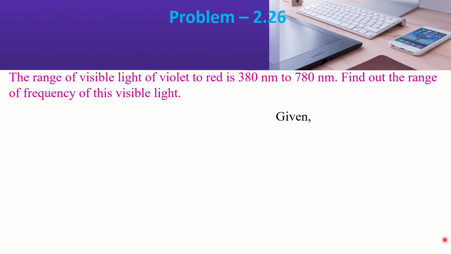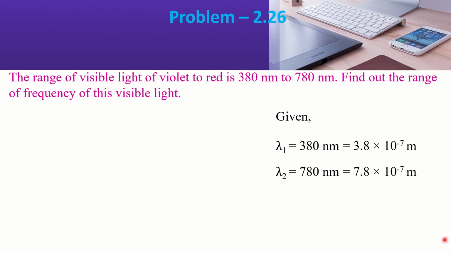So here given lambda 1 equal 380 nanometer, but when you do the math, you have to convert it into meter as SI unit. So it comes 3.8 into 10 to the power minus 7 meter. And lambda 2 equal 780 nanometer, that comes 7.8 into 10 to the power minus 7 meter.